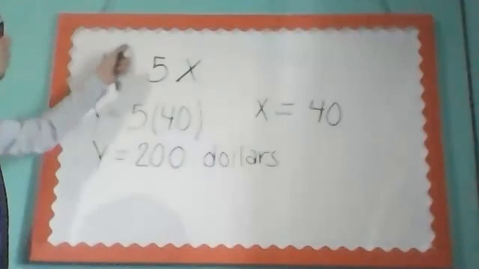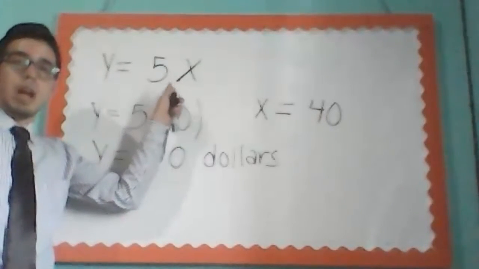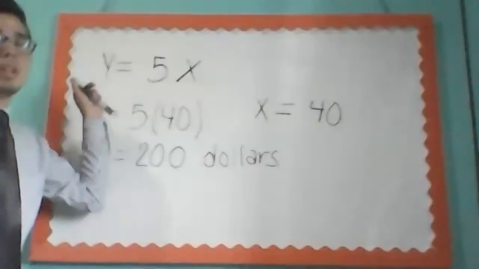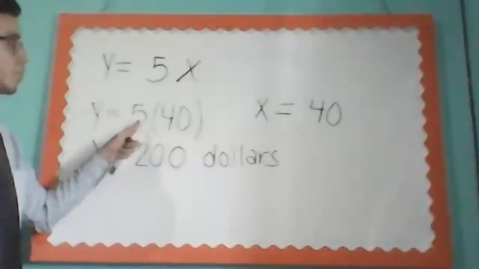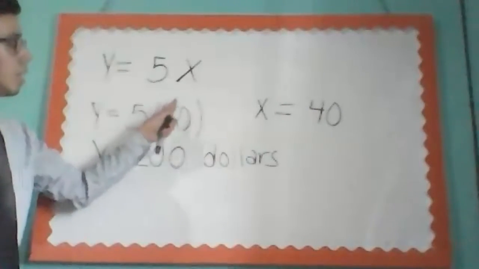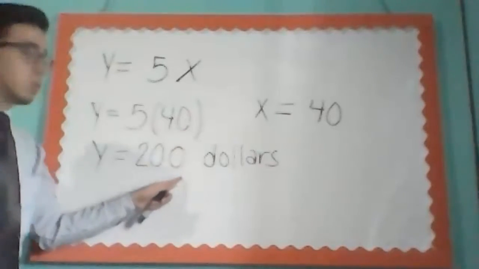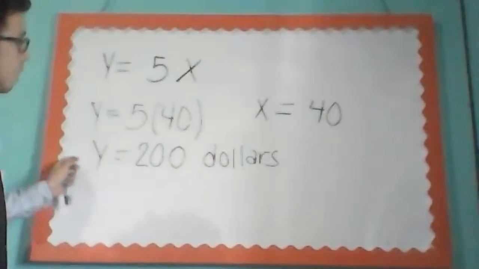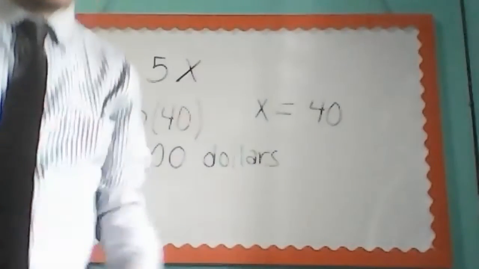So the variable y depends on the value of the variable x to obtain one result. When you change the variable x, it's going to change the result. So y is the variable that depends on the value of the x. So x is the independent variable.